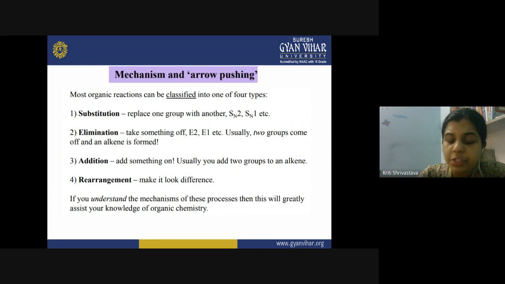So first of all, we have the substitution reaction, and in the substitution reaction, in an organic molecule, one group is replaced by another group, and this is the substitution. When the substitution is taking place by some nucleophilic reagent that is looking for the nucleus, looking for the positive charge and having a high electron density, you call it a nucleophilic substitution.